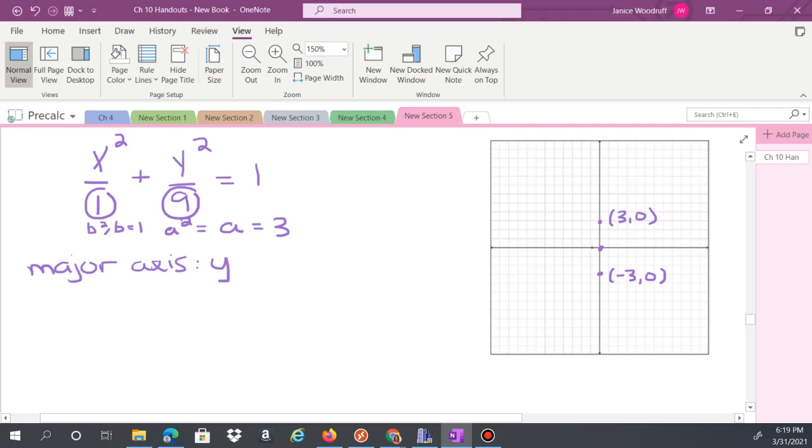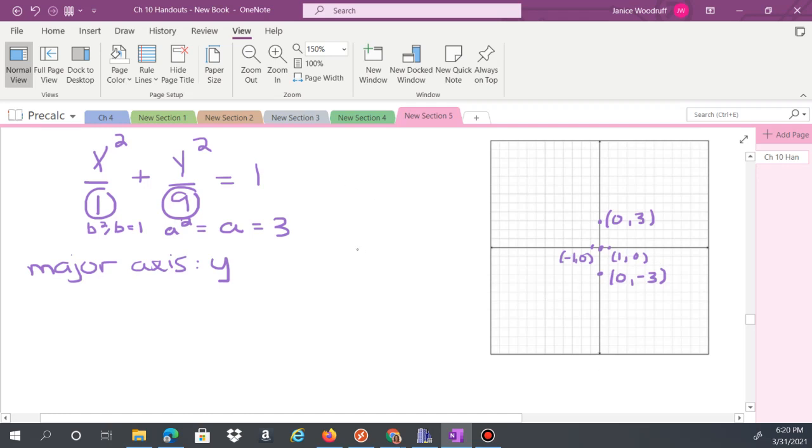So 1 to the left, 1 to the right. So I've got -1, 0, and 1, 0. So those are all your vertices.